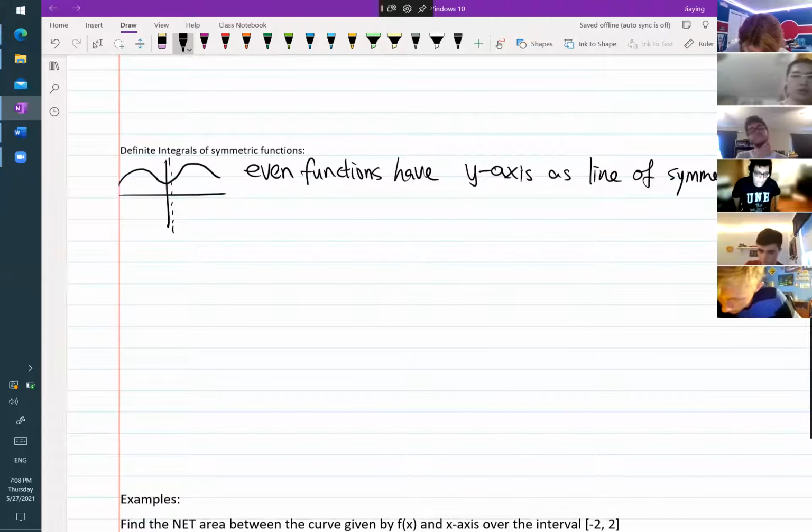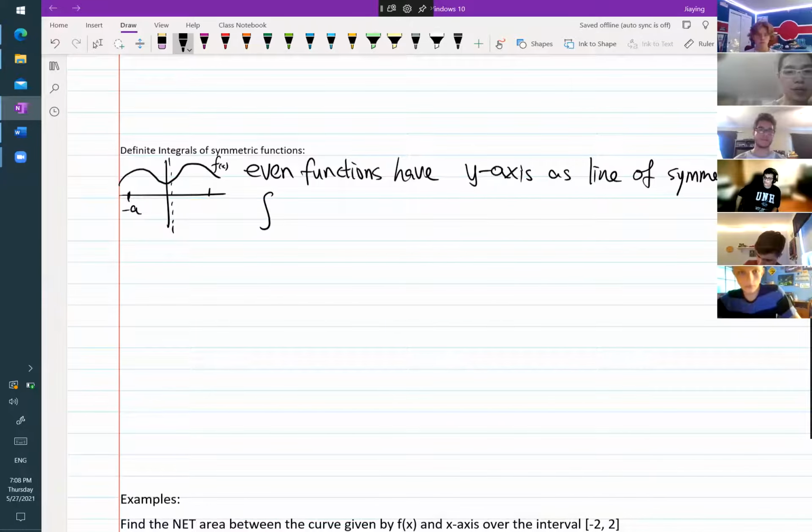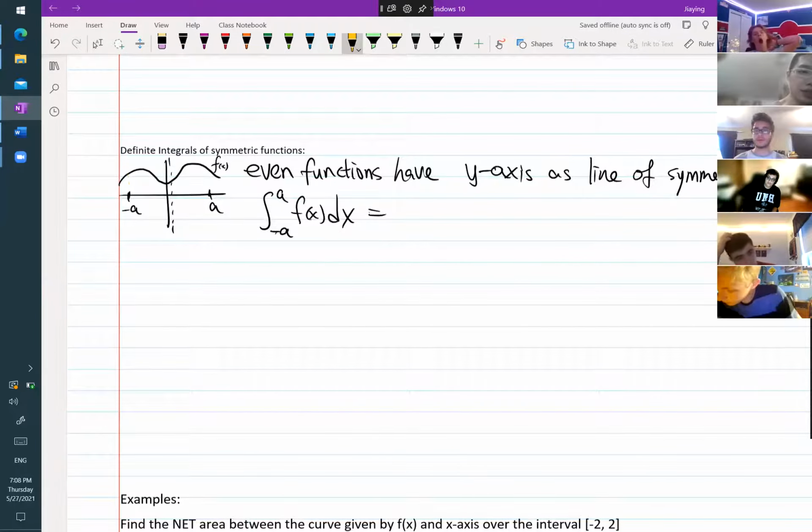What's good about the symmetry here is that if we were to integrate this function, let's call it f of x, from negative a to positive a of f of x dx, because of the symmetry, the area to the left side of the y-axis is the same as the area on the right side.